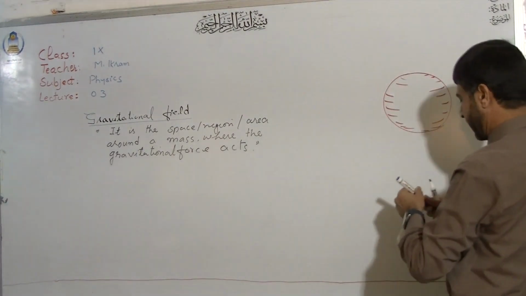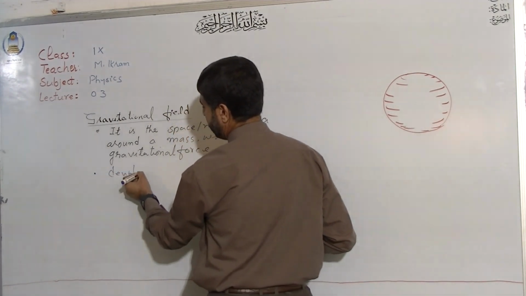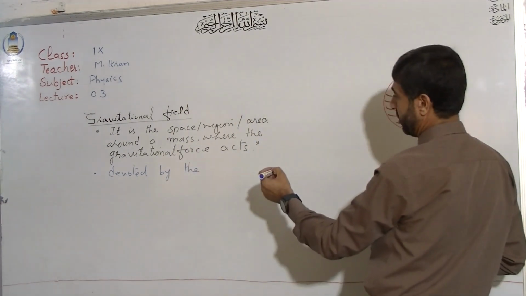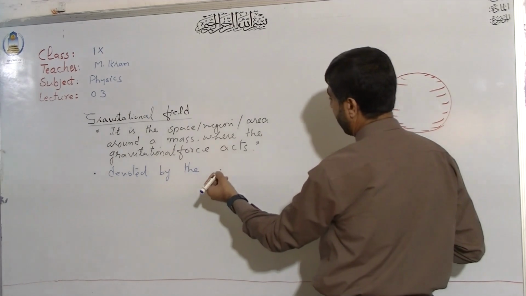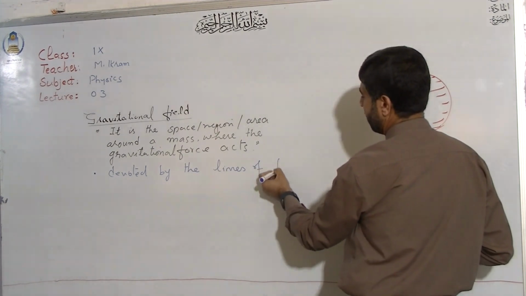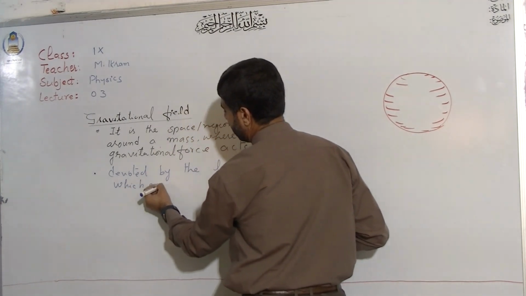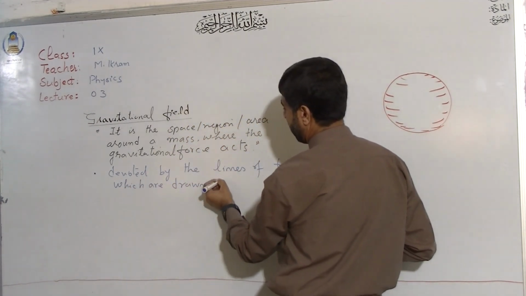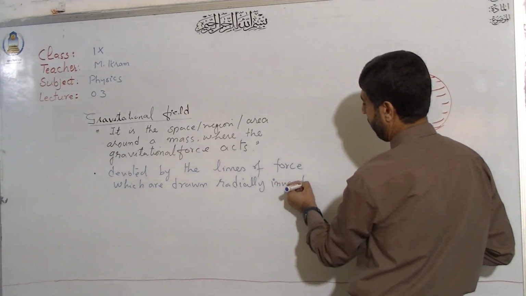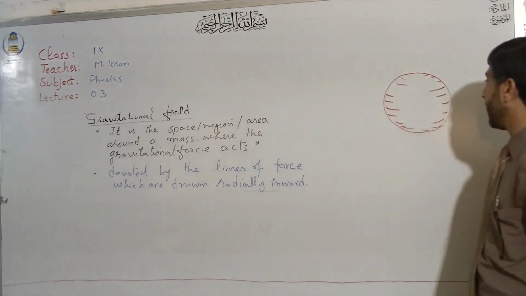Denoted by the lines, sometimes we call them the lines of force, which are drawn radially inward. Now I will explain what this means, radially inward.